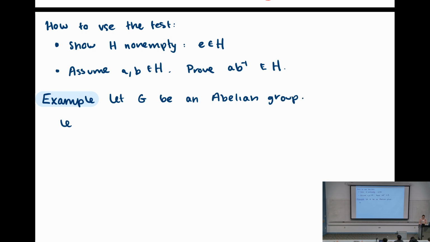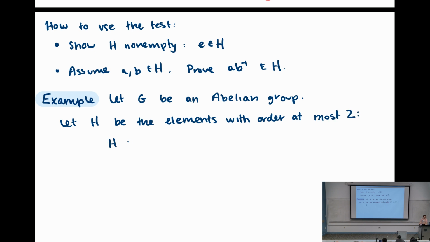And I'll let H be the elements with order at most 2. So just to write this down as a set, H would be the x's in G such that x squared is equal to the identity. And then let's prove that H is a subgroup.